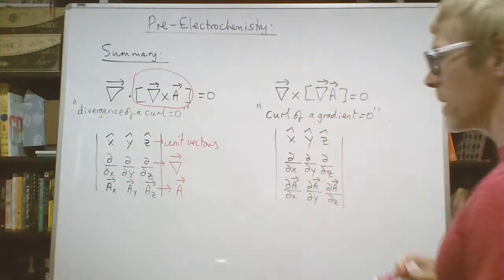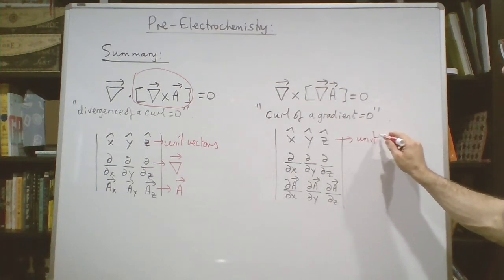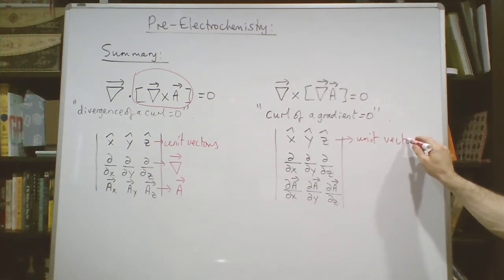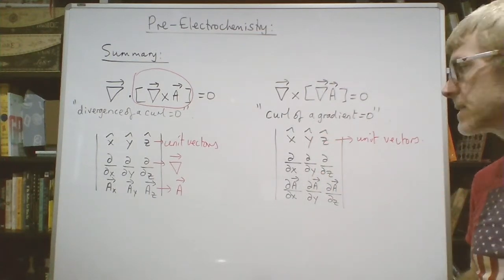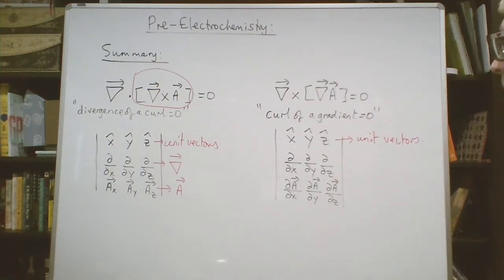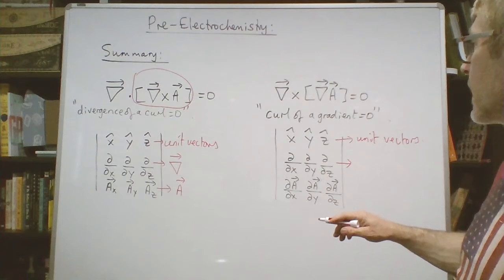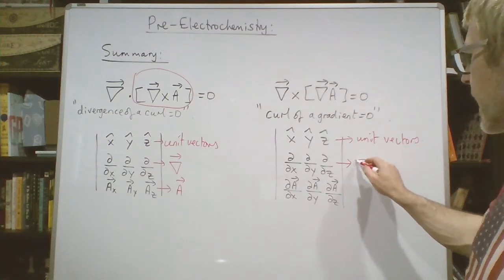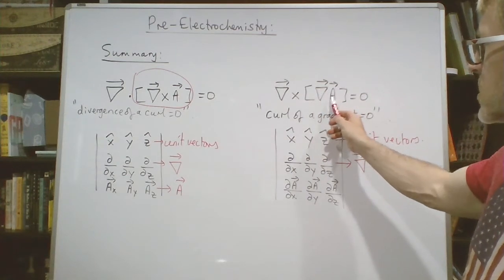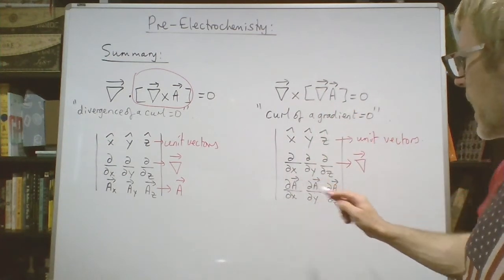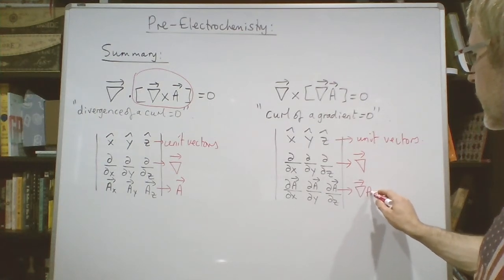Now if you look at this matrix in comparison, again you've got the unit vectors that point in different directions in the Cartesian axes, magnitude 1 in whatever the unit of that axis is. We've got del again, but now we've got this thing here, which is del A, so it's del, but with A in it, so this thing is del A.